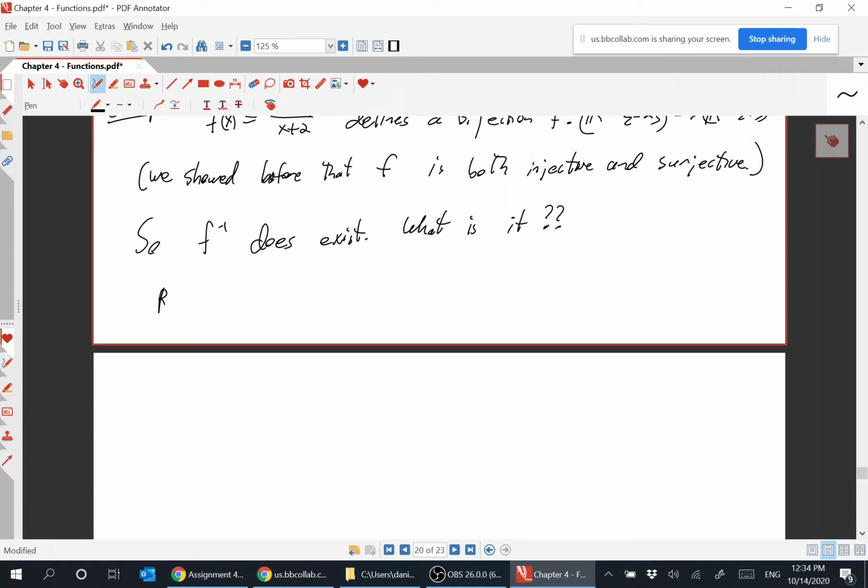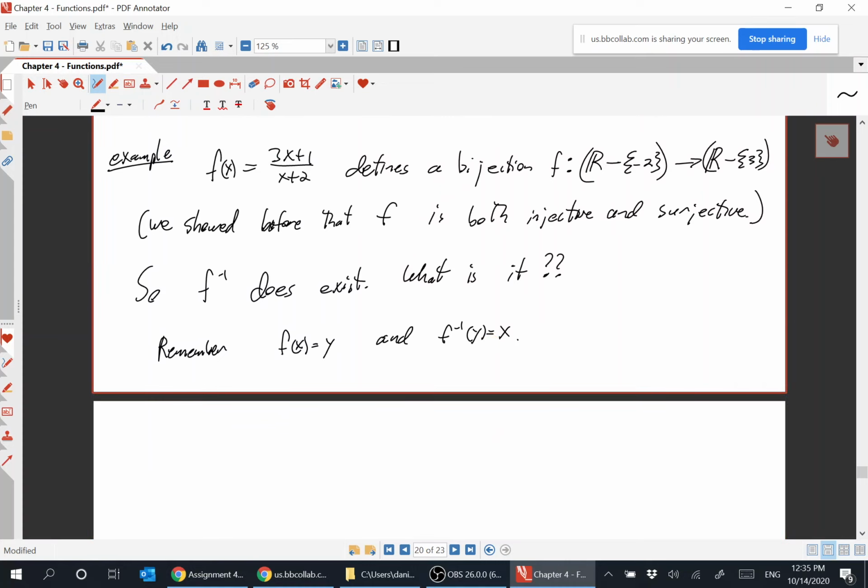Remember, f of x is equal to y, and f inverse of y should then be equal to x, and that makes sense because we're injective. So basically, y equal to (3x plus 1) over (x plus 2), and solve for x.